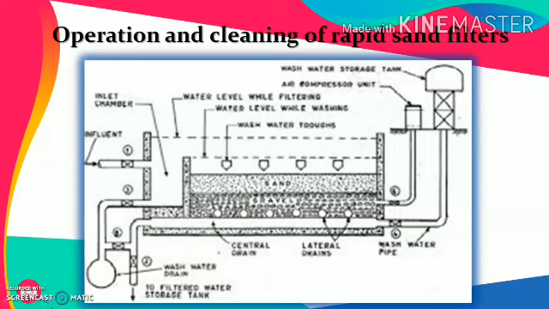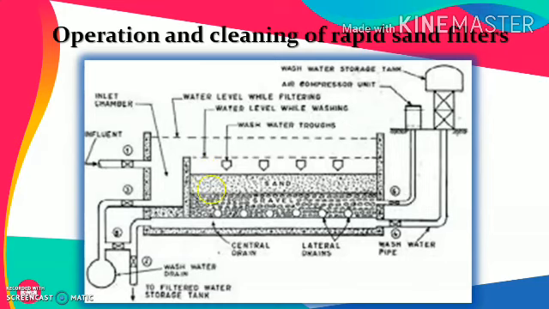At the time of operation or filtration, the valve shown here as number 1 is kept open, while the valve at number 3, this valve and these two valves have been kept closed. So water is entering from this particular point and then entering into the sand which is placed for the filtration.